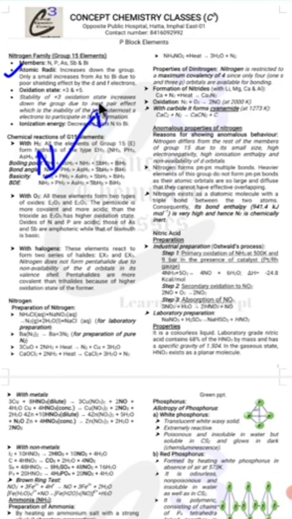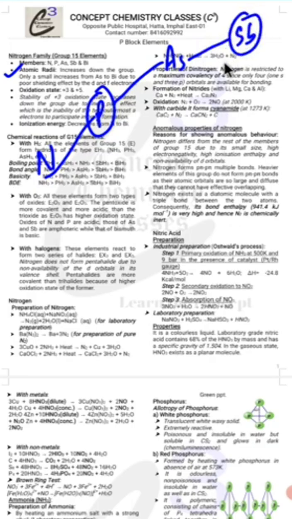From nitrogen to phosphorus, the increase in size is very large, while from phosphorus to arsenic, the increase is slightly less. From arsenic to antimony, again the increase is less, while from antimony to bismuth, again the increase in size is less. There is an increase in size, but the increase is less.